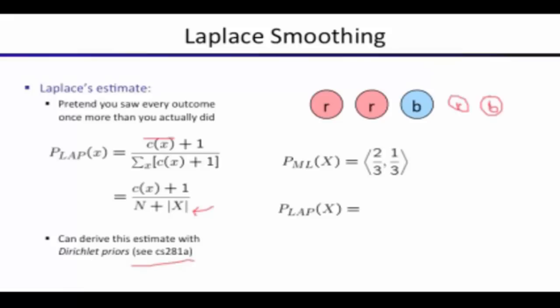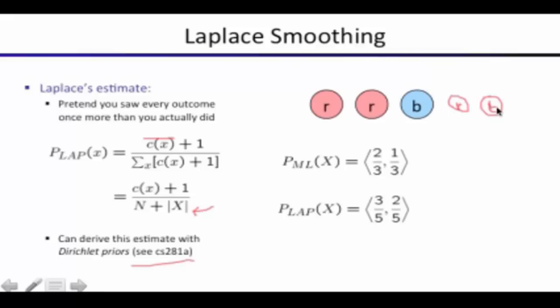So what that looks like here: maximum likelihood would assume that the probability of red is 2 divided by 3, because you've got 2 of them out of 3, and then the probability of blue is 1 over 3. In Laplace smoothing, we add 1 to each of these. So now the probability of red is 3 over 5, and blue is 2 over 5.